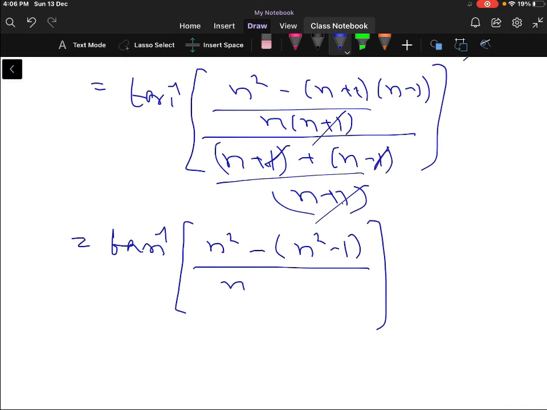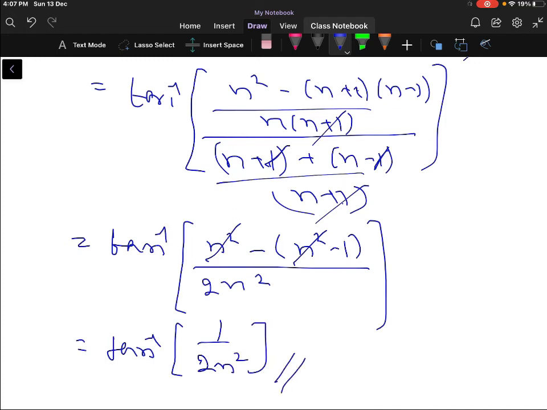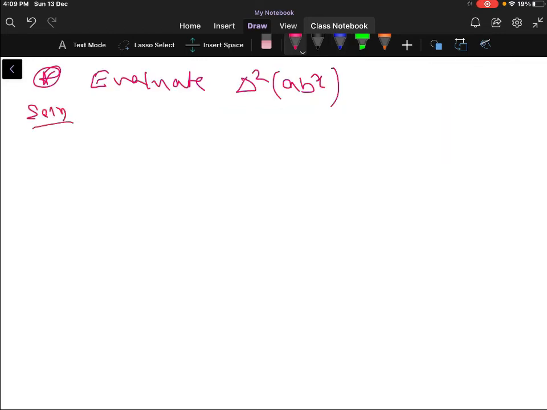Here plus 1 minus 1 gets cancelled, that is 2n. 2n into this n, that is 2n square. So this is equal to tan inverse of, n square minus n square gets cancelled, minus minus plus 1 by 2n square. So this is the result when h is equal to 1. Let us move to the next solution.